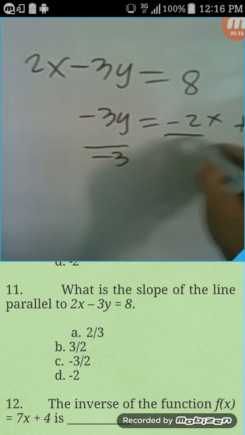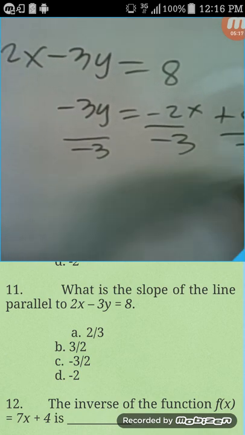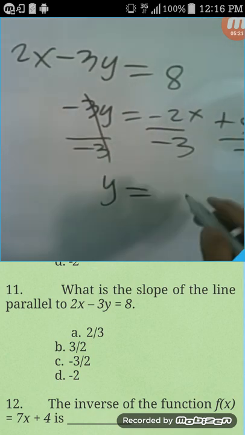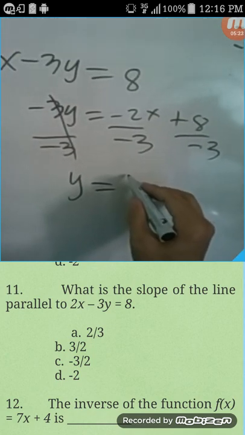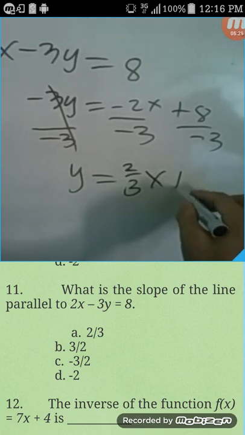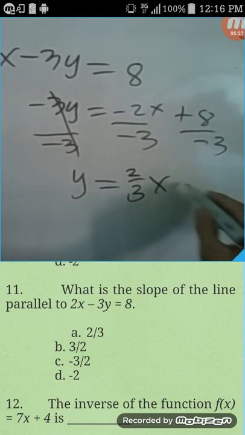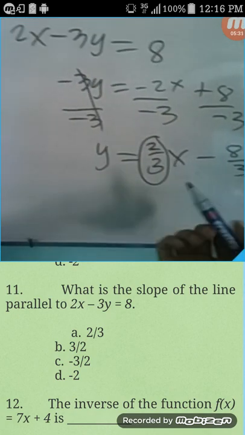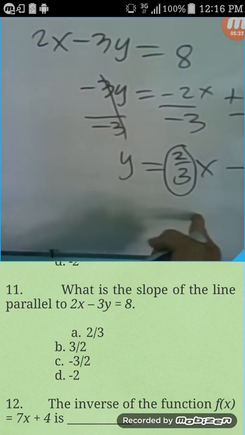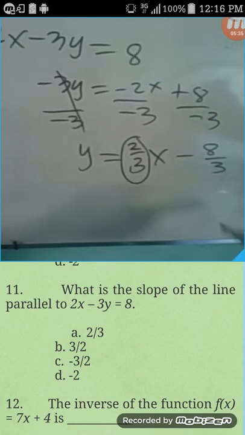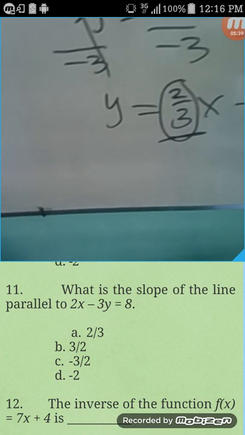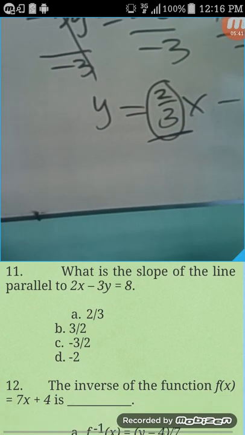Dividing by negative 3, the negatives give you positive, so y is equal to 2/3 x minus 8 over 3. This is our slope. If the slope of a given line is 2/3, a line parallel to it will also have the same slope of 2/3. So here it's letter A.